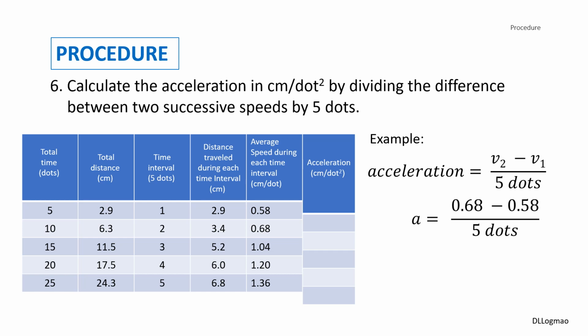Substitute the values for v sub 2 and v sub 1 from the table, divided by 5 dots. The difference in velocities is 0.1 divided by 5 dots. The acceleration is 0.02 cm per dot squared. Record in the table as the acceleration from v sub 1 to v sub 2.